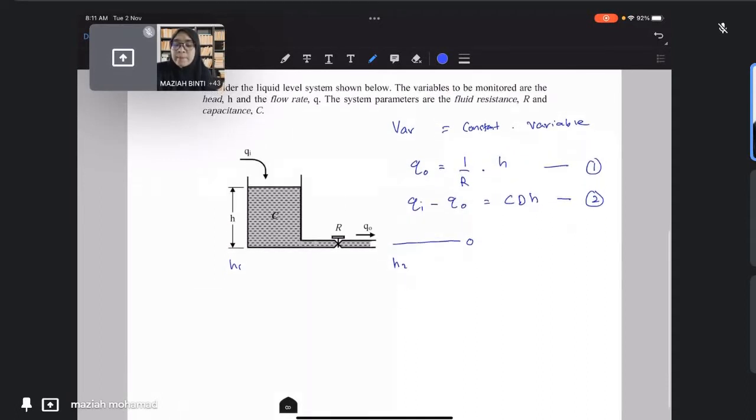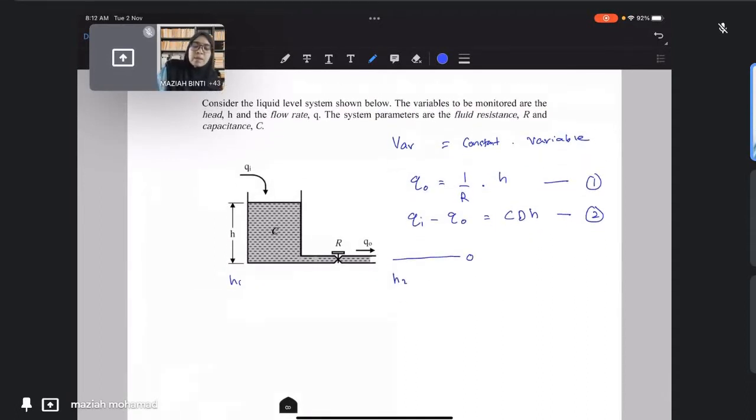Normally for a liquid level system, the input can be Qi or Q naught, depending on the system, but the output normally is H, the water level height. All right, so other than this condition, you will also see system.